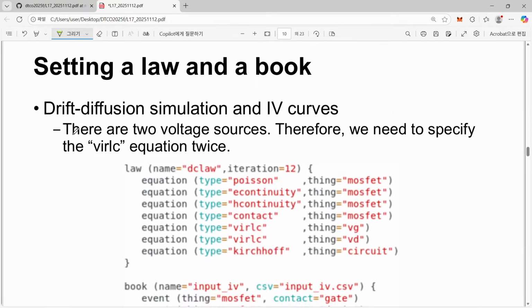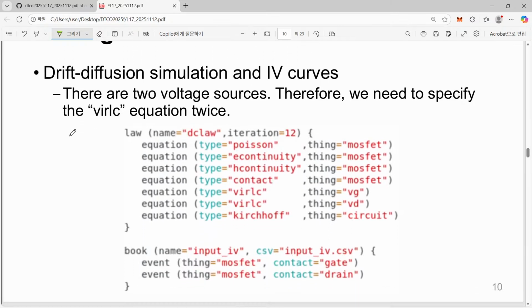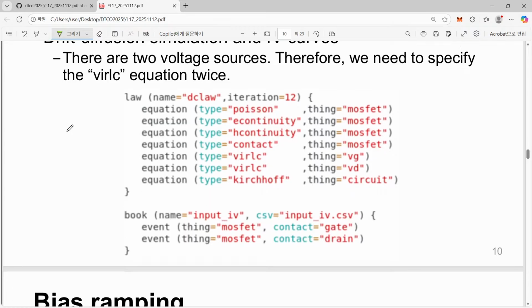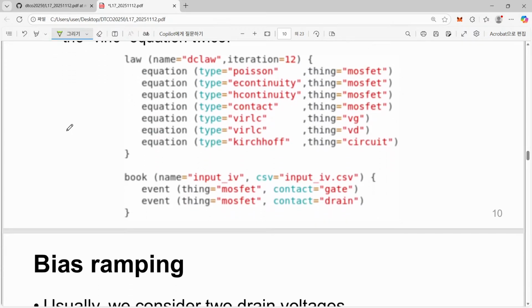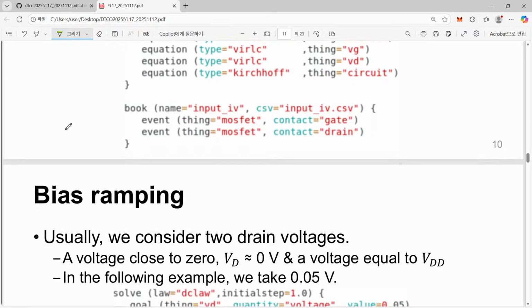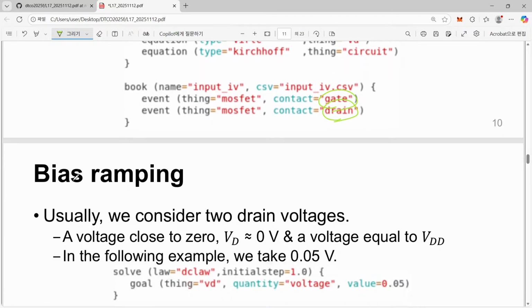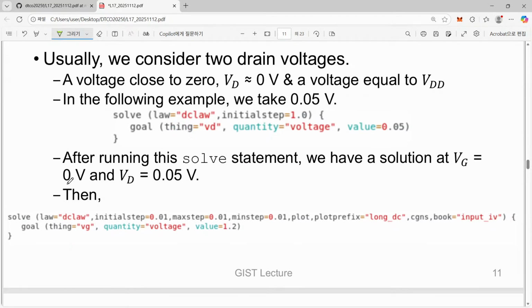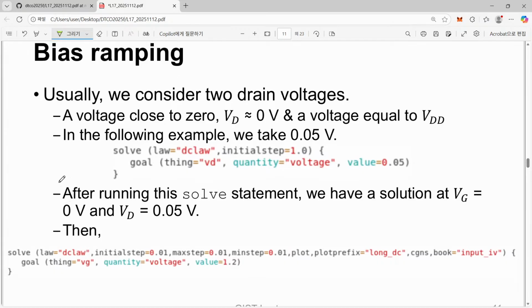And now we can also assign drift diffusion model for non-zero bias condition, and yes, also gate terminal quantity and drain terminal quantities are required to draw your IV characteristics. So now let's just perform.